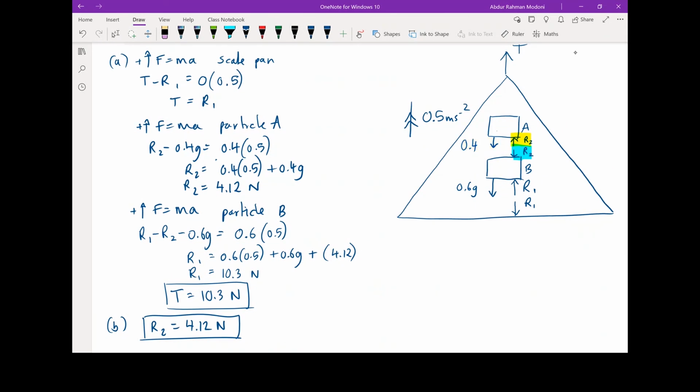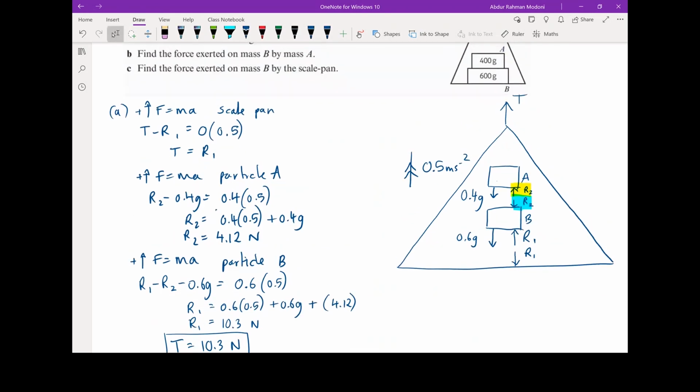And we're also asked for the force exerted on mass B by the scale pan. So that's referring to reaction 1.